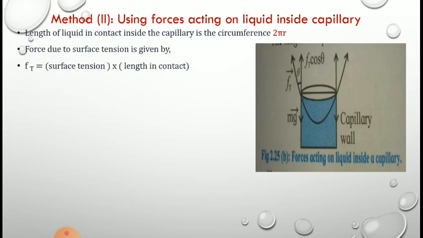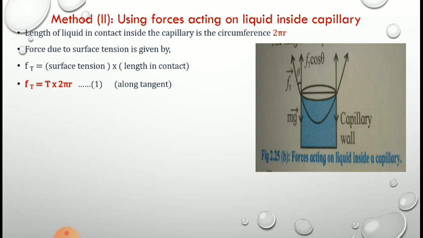Force due to surface tension is given by Ft. It is equal to surface tension multiplied by length in contact. So here length in contact is the circumference, and that's why substituting, we get Ft is equal to T multiplied by 2 pi r. Now the direction of this force is along tangent to the liquid surface, as it is shown in the graph.